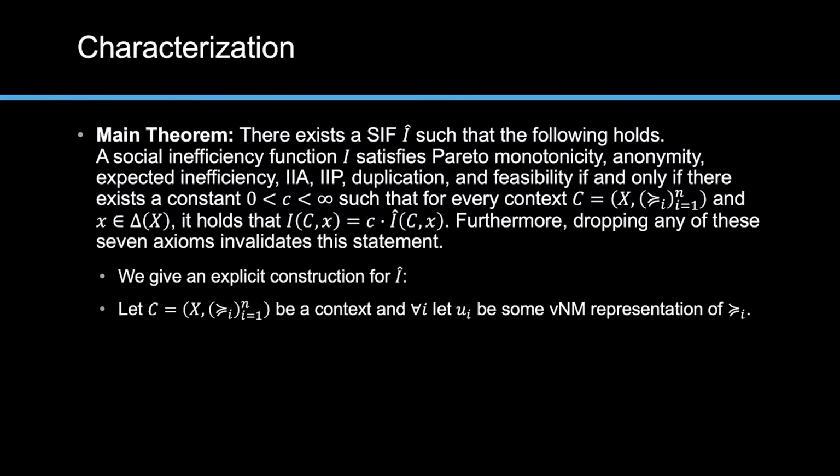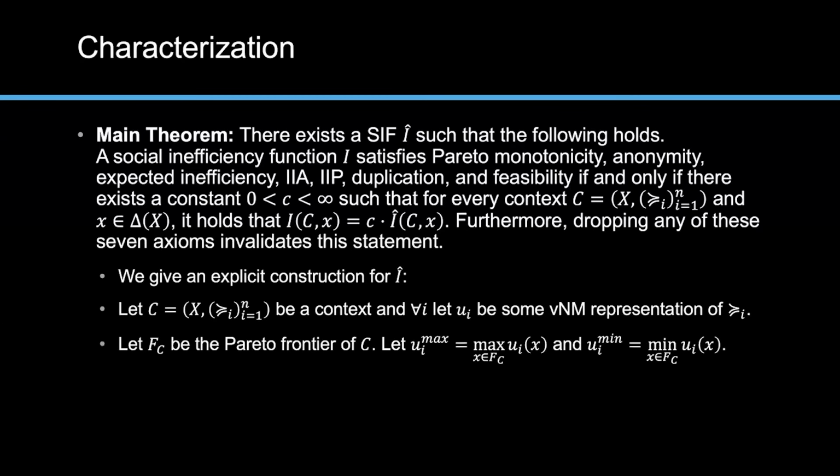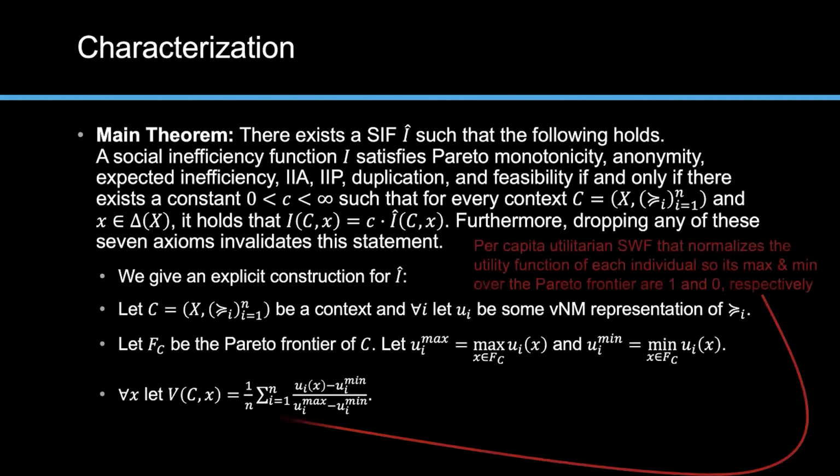So here's our construction for I hat. Let C be any context and pick some utility representations; we're going to see that the calculation that follows does not depend on this choice. Denote by FC the Pareto frontier of C. For each individual I, let UI max be their maximum utility across the Pareto frontier, UI min be their minimum utility across the Pareto frontier. And now we're going to define this.